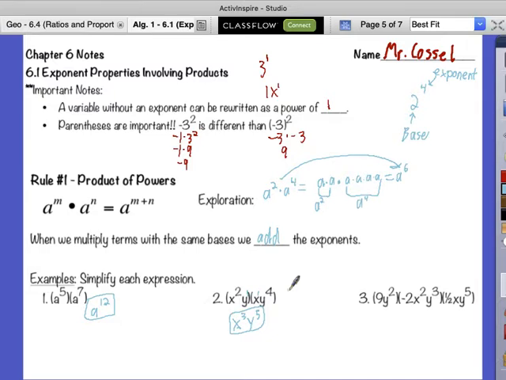Or if we do 3 times 4 first, we get 12, and 2 times 12 is still 24. Remember that?